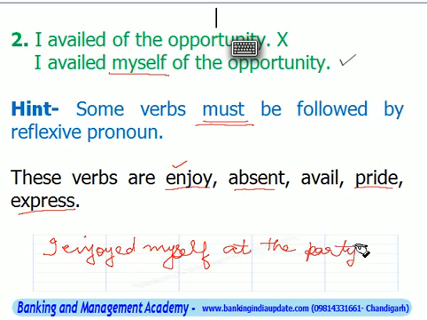In this sentence, myself is a reflexive pronoun and it would be incorrect to use enjoyed without using myself. Similarly, to give an example of the word express, he expressed himself clearly. We use the word himself as a reflexive pronoun in this sentence.